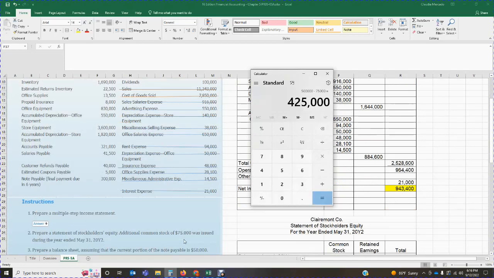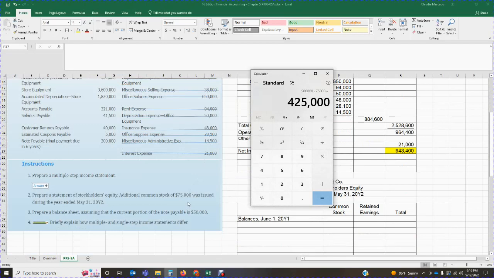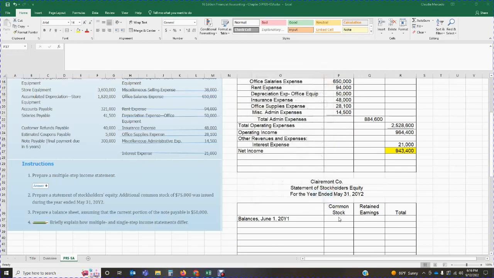That will give us the amount that we had before this transaction. So our beginning balance should have been 425,000. That is our current balance minus the $75,000 of stock that were recently issued. So my beginning balance will be $425,000. That is what we started off with initially.